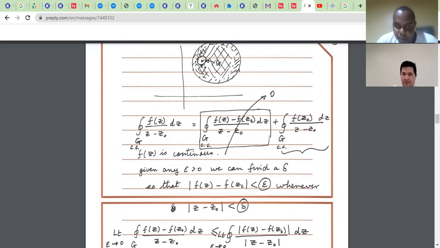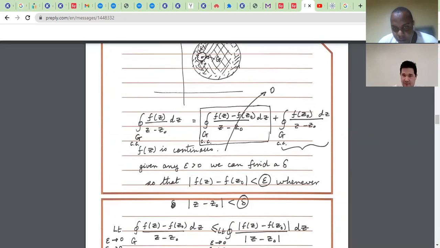But our contour can be located in the third quadrant. You know, epsilon is the distance. It's not the point distance. It's the distance between f of z and f of z naught. Okay, yes, it has to be positive.